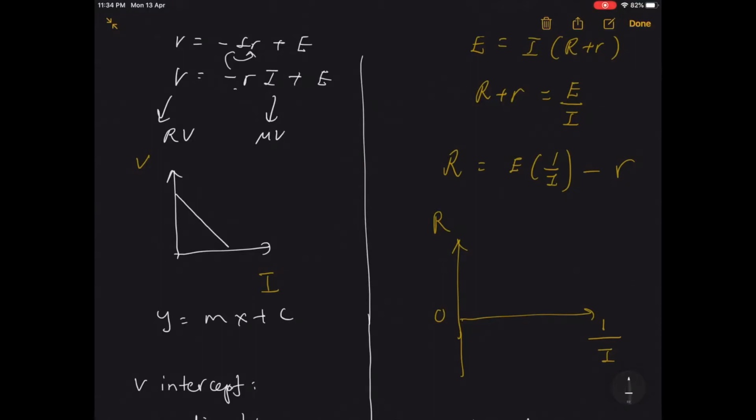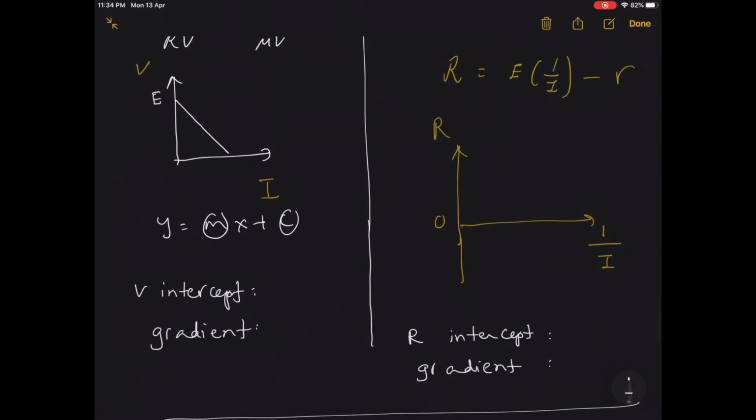But remember, your intercept c is E. So therefore the intercept will give you the E, and the gradient will be minus r. So in this case, the V-intercept is the EMF, and the gradient is minus r. And remember, the gradient is always negative. So negative with a negative r, you're going to cancel out, so your r will be positive.